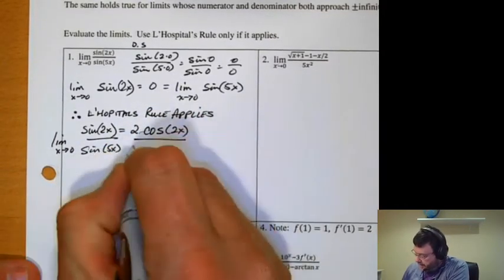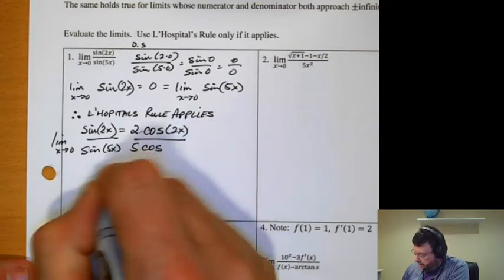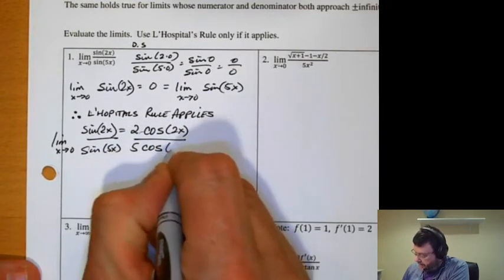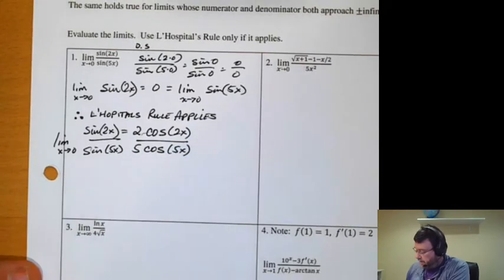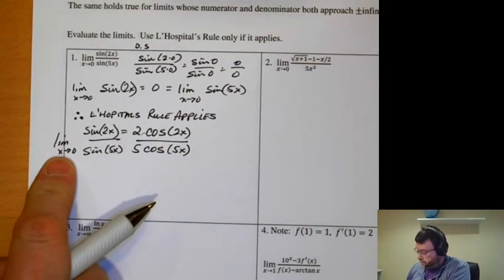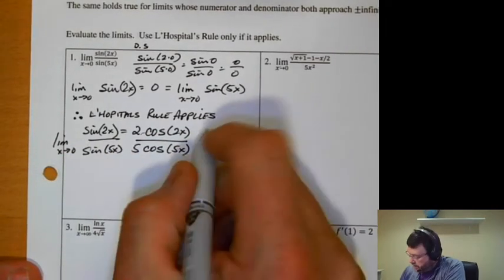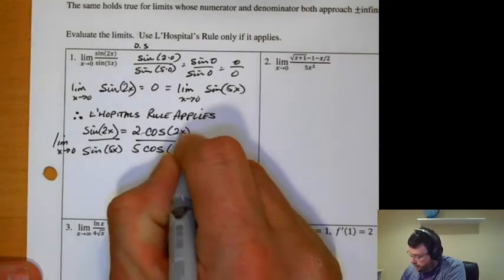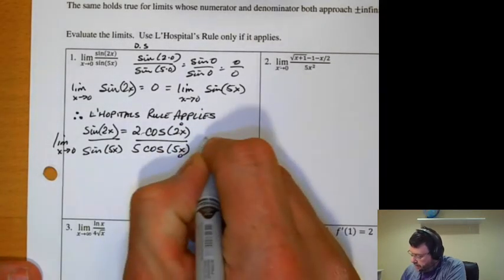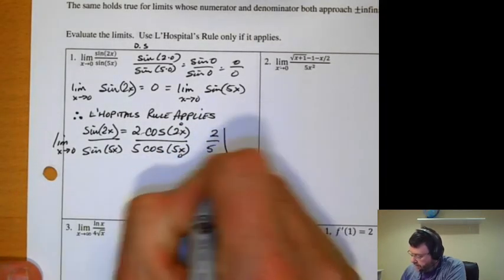Down here, it's kind of the same thing. Derivative of the outside is cosine of 5x times the derivative of the inside, which is 5. So now you're looking for the limit as x approaches 0 of this. If I use direct substitution, that's going to be 2 over 5.